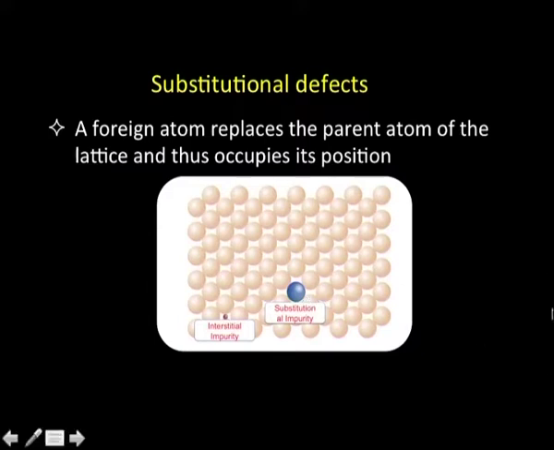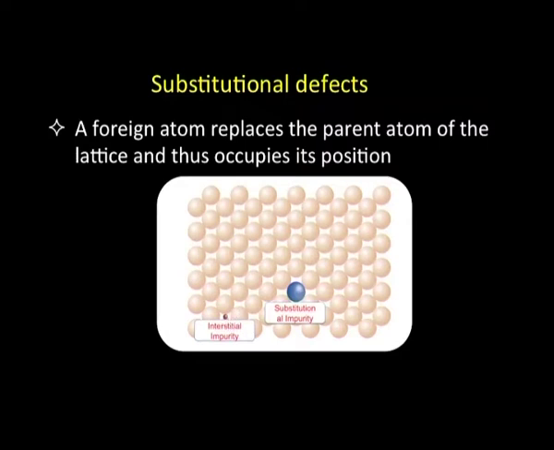Sometimes we can have a situation wherein the foreign material comes and occupies some kind of an interstitial site. This is called an interstitial impurity. This is called a substitutional impurity. That means this impurity is substituting one of the lattice sites of the original material, and in this case the impurity does not replace anything from the original lattice, but it occupies some kind of an interstitial site, that is a void in the lattice.